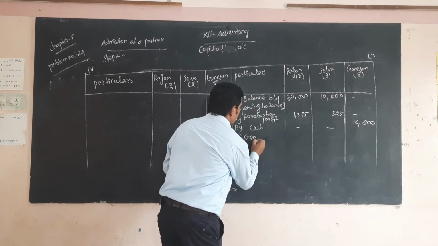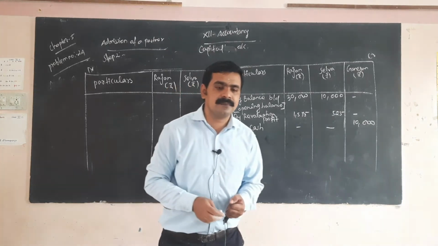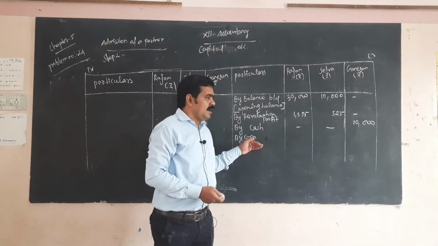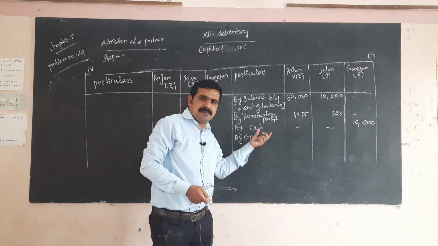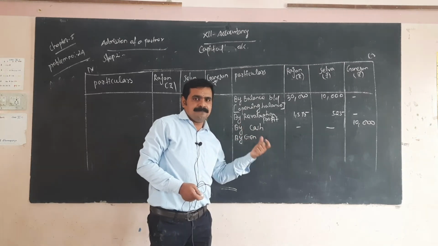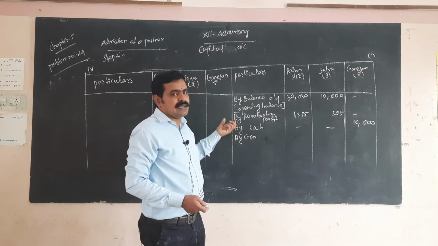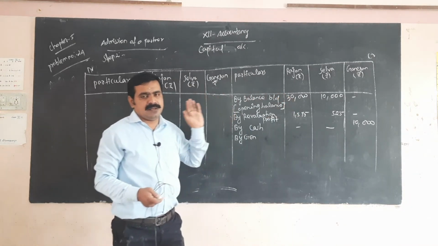Because the general reserve comes under the liability side, this general reserve shows on the liability side. If you have to take that amount, we have to take it and post it on the credit side in the capital account. That is very important.